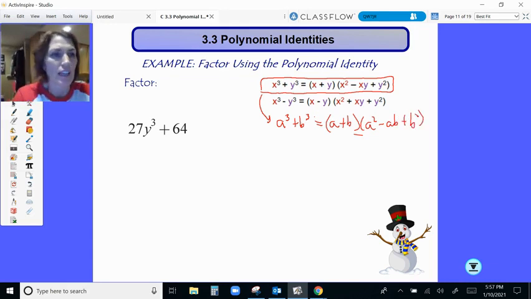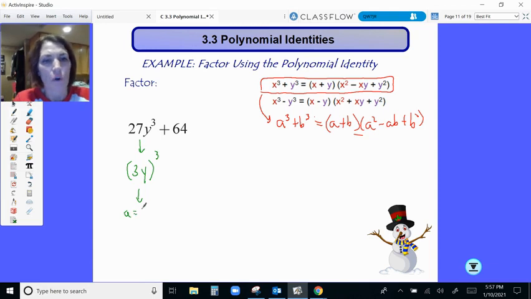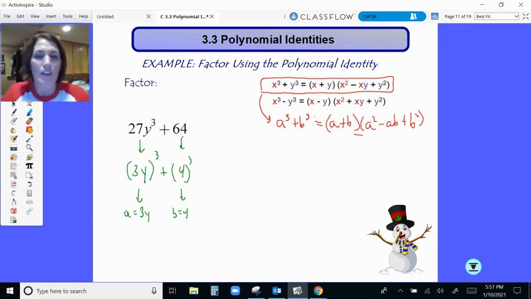In this case, my a is going to be the cube root of 27, which is 3, and the cube root of y cubed, which is y. So my a equals 3y. The cube root of 64 is 4, so my b is equal to 4. So that's going to factor to a plus b.